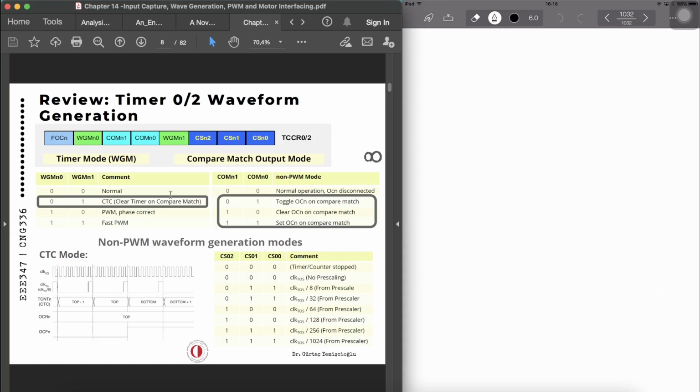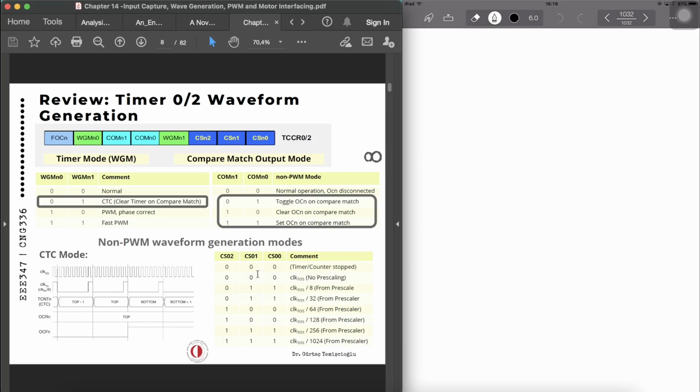So these are the non-PWM waveform generation modes in CTC mode, as you can see. Now, the first graph shows the pulse generated by the system clock. And the second graph shows the pulse coming out of the prescaler by 8. So this is a clock divided by 8, so 8 clocks give us 1 pulse.